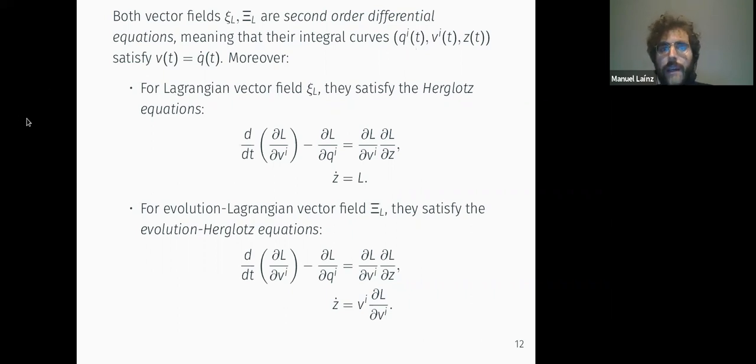And the Lagrangian vector field satisfies the Herglotz equations, which are the ones over here, and the evolution Lagrangian vector field satisfies this modified equation, the evolution Herglotz equation. You see, the equation above is the same, but they have a different equation for the z variable.